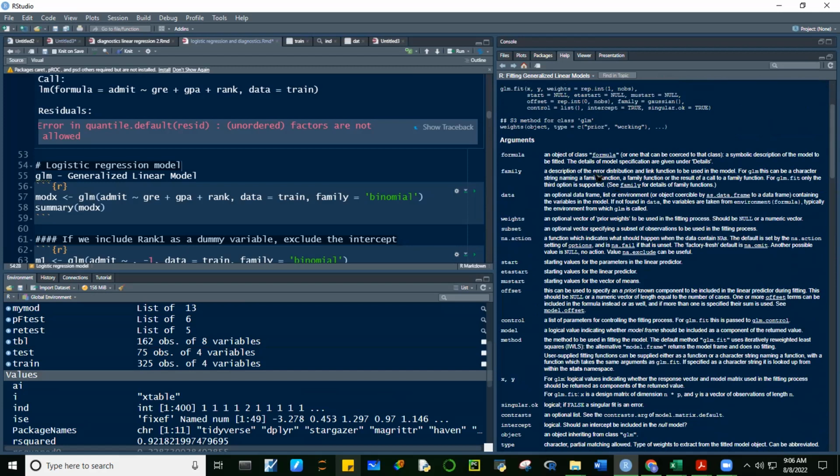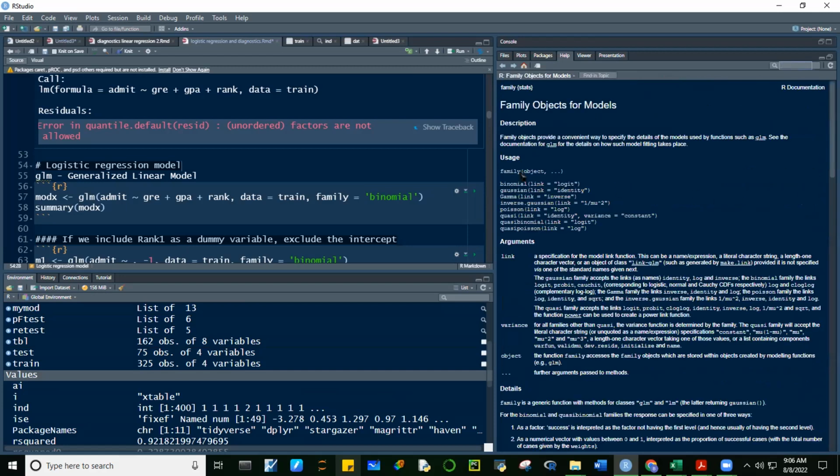Okay, a description of the error distribution and link function. So yung GLM, gumagamit siya ng link function. Okay, for GLM, this can be a character string, a family function, or the result of a call to a family function. Okay, tingnan natin tong family. Let's take a look at the details here. Ayan. So, class, ito yung link niya, no?